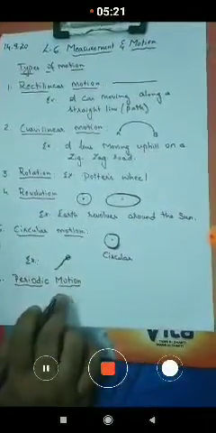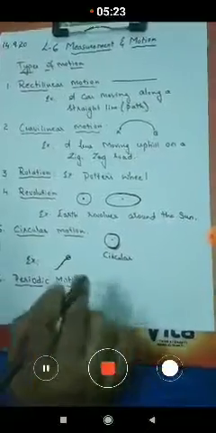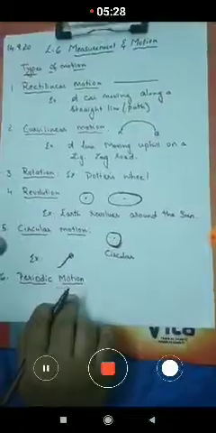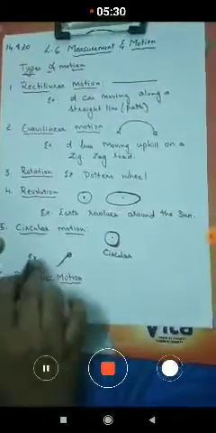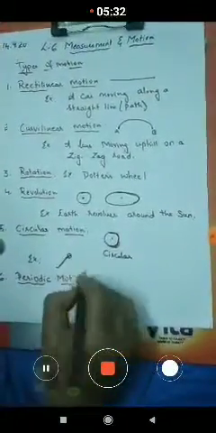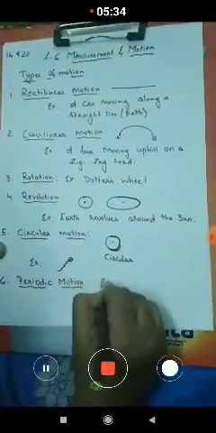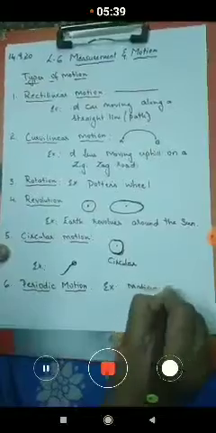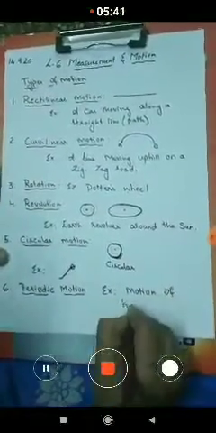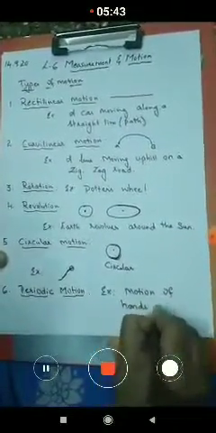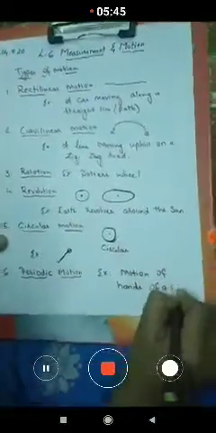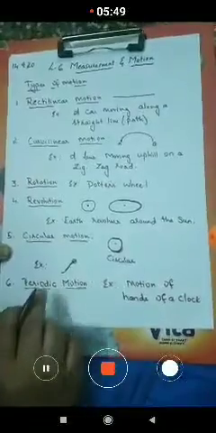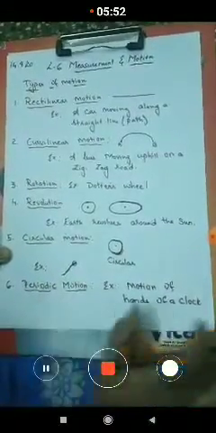The motion which repeats itself after regular intervals of time, we call the periodic motion. Example, here we can give the motion of the hands of a clock, which repeats itself after each regular interval of time.